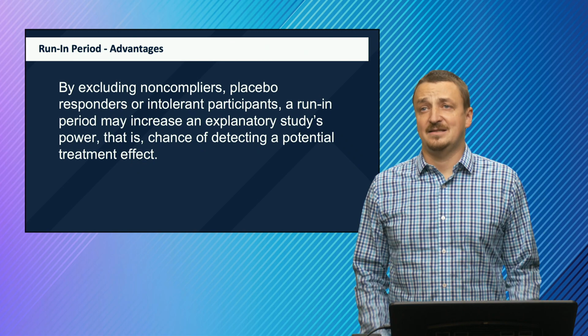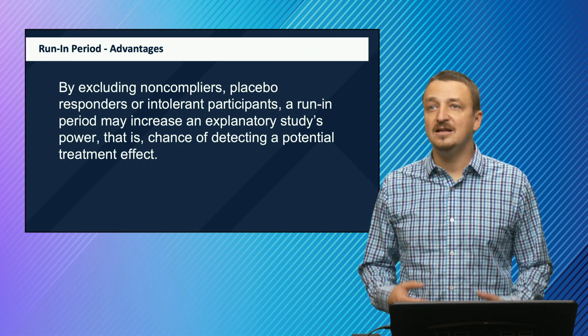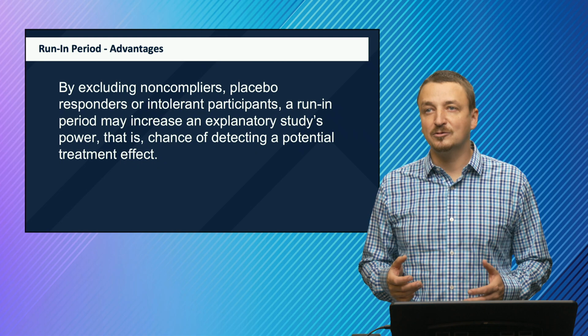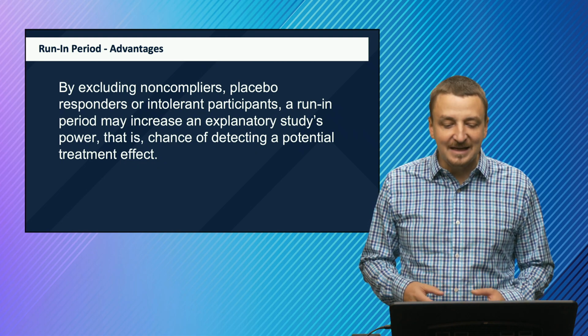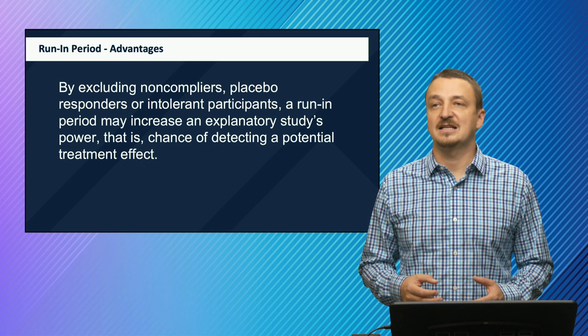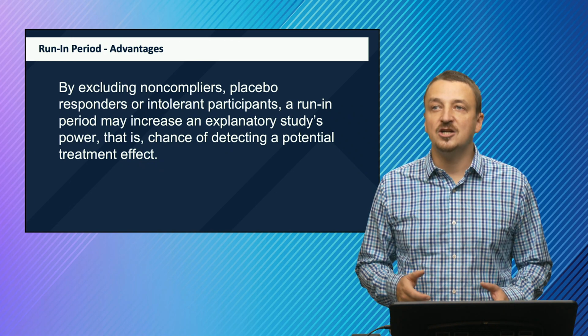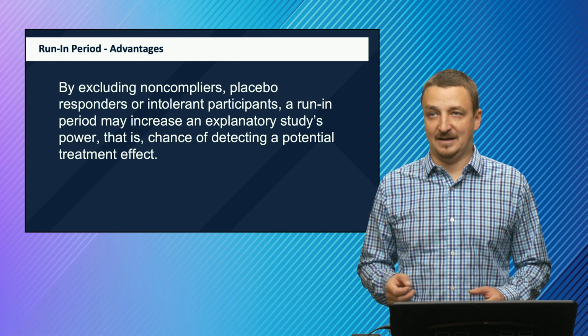What are the advantages? By excluding non-compliers, placebo responders, or intolerant participants, a run-in period may really increase an explanatory study's power, that is, the chance of detecting a potential treatment effect.